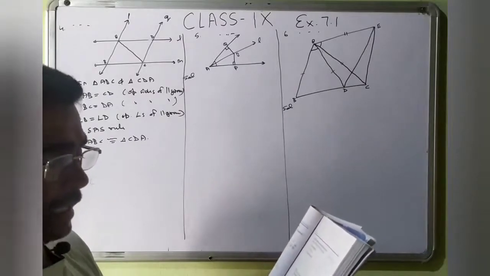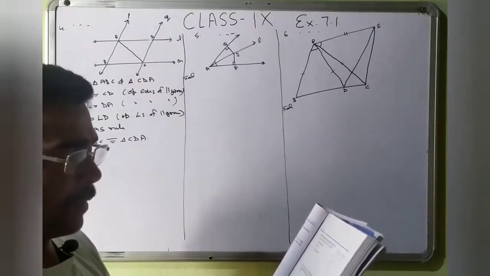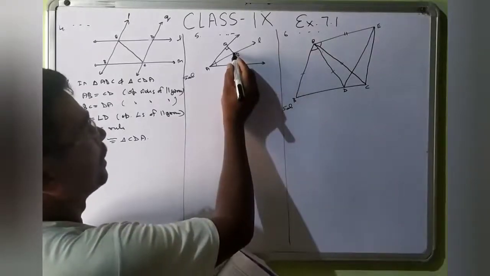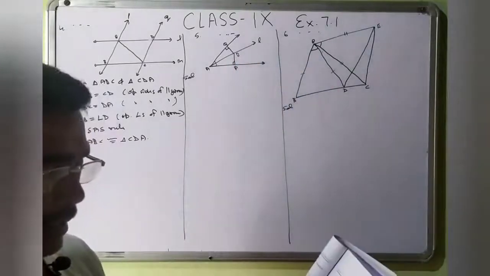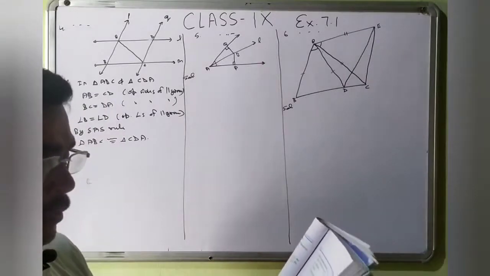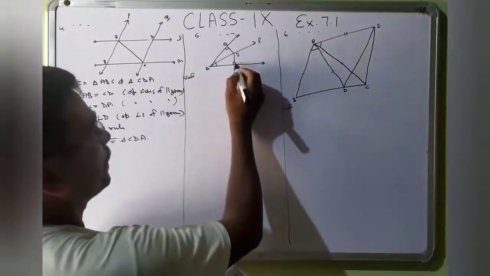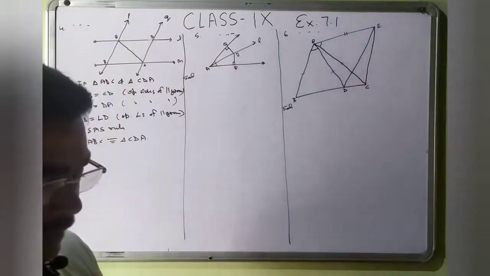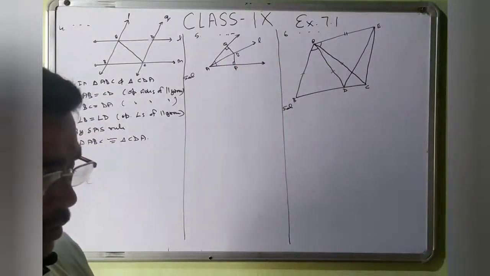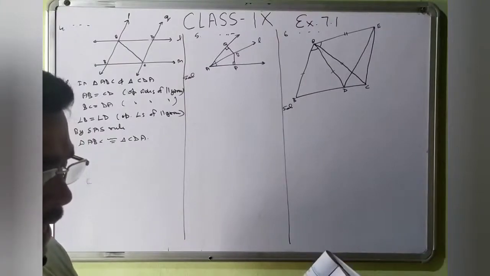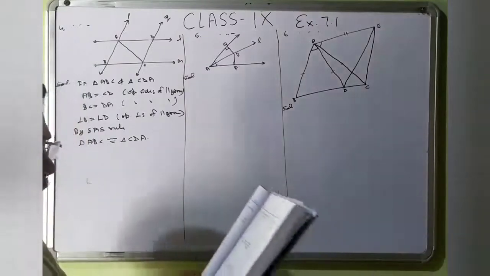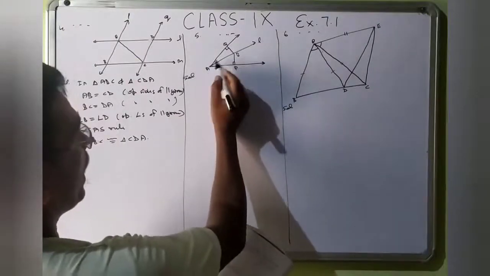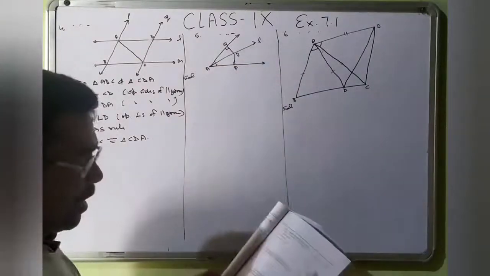And B is any point on L. BP and BQ are perpendiculars, it means 90 degrees, right? From B to the arms of angle A, so that triangle APB and AQB are congruent.